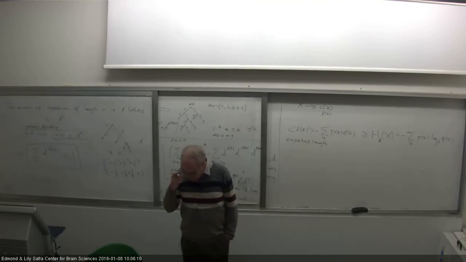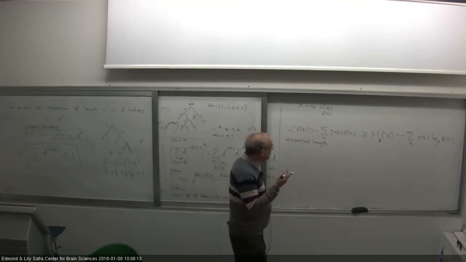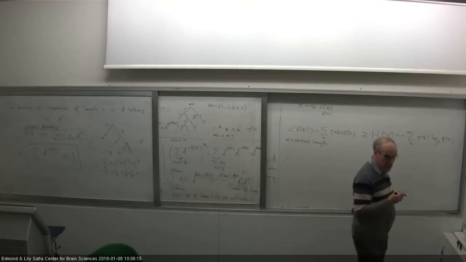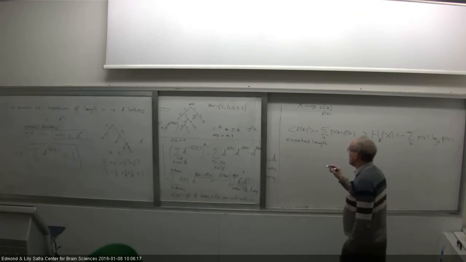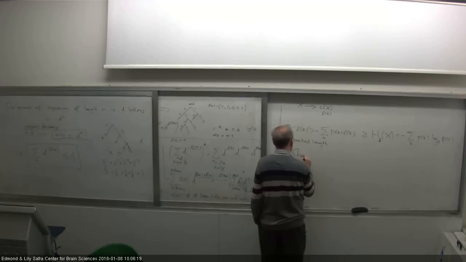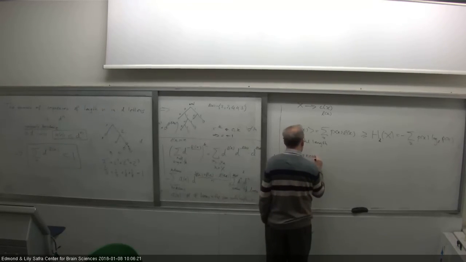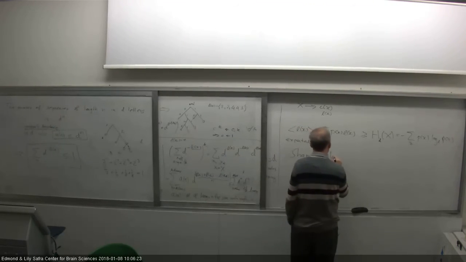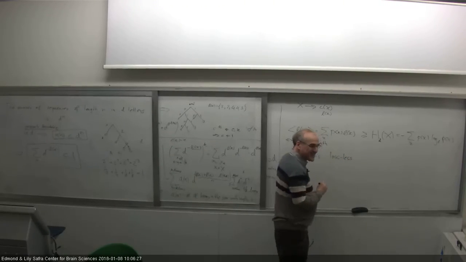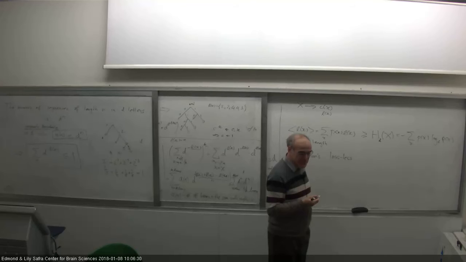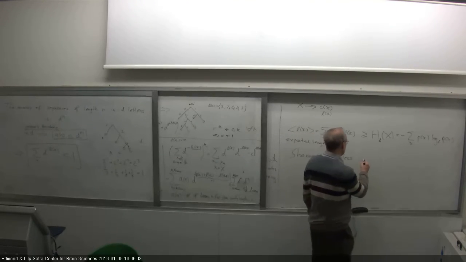This is the first part of what we call Shannon's lossless coding theorem. It's a bit strange to call it lossless at this point, but we'll see lossy codes later on.